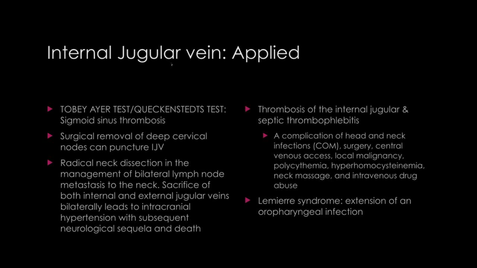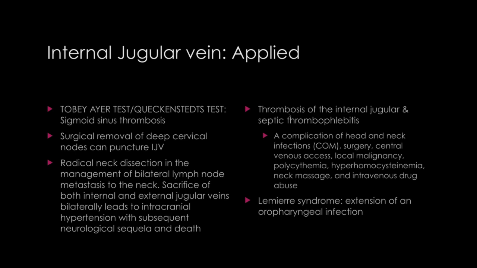Another issue with the internal jugular vein is the formation of a thrombus, which can later on cause infection in the thrombus, causing septic thrombophlebitis. A piece of the infected thrombus can dislodge and go to other structures, causing problems elsewhere.